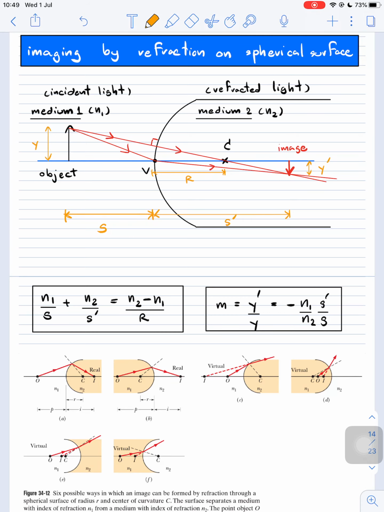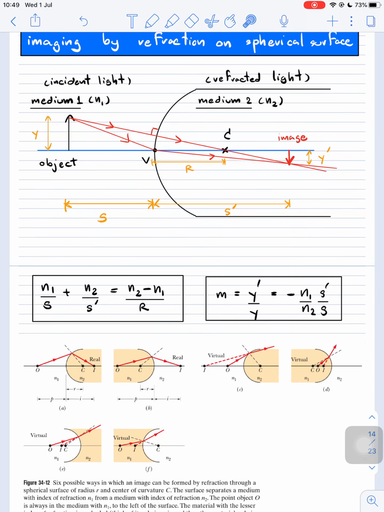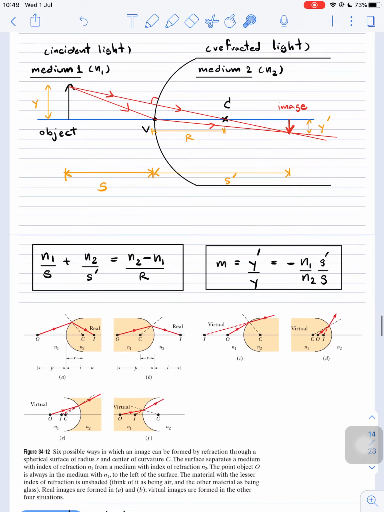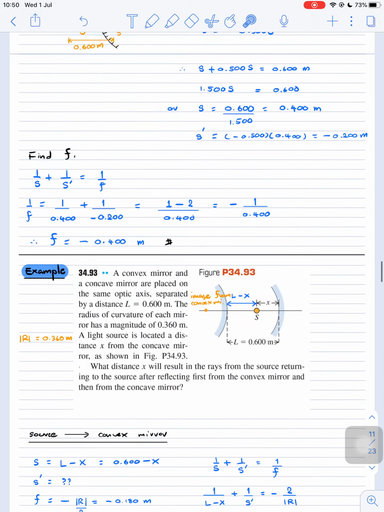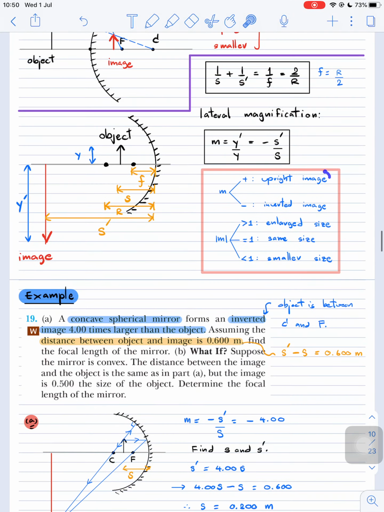So m equals y prime over y, which equals negative n1 over n2 times s prime over s. Again, the signs of m, y prime, and y follow these conditions.